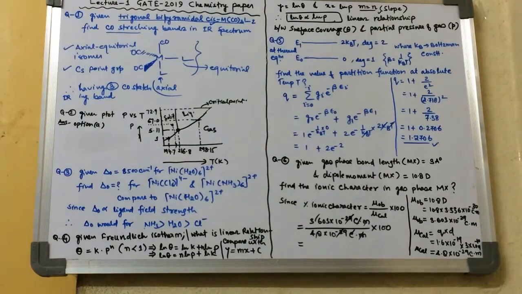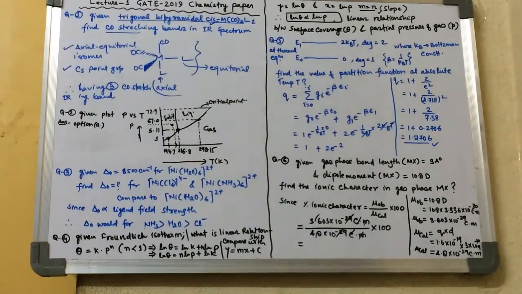So we have to see in which option the linear relationship is obtained by using the Freundlich isotherm.